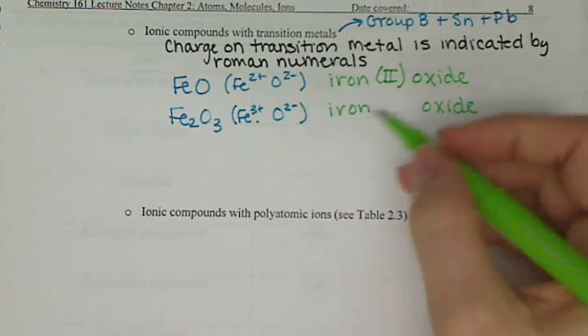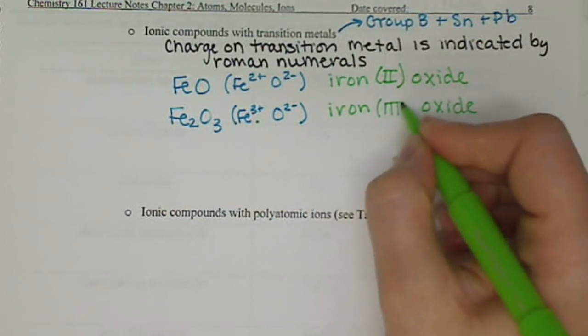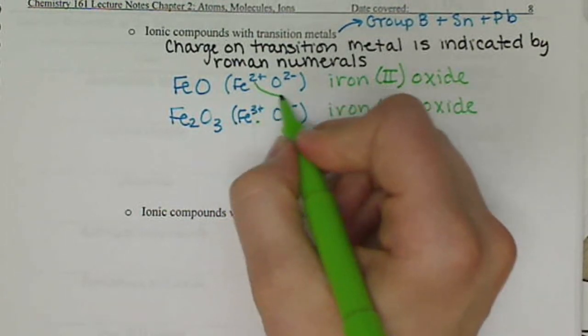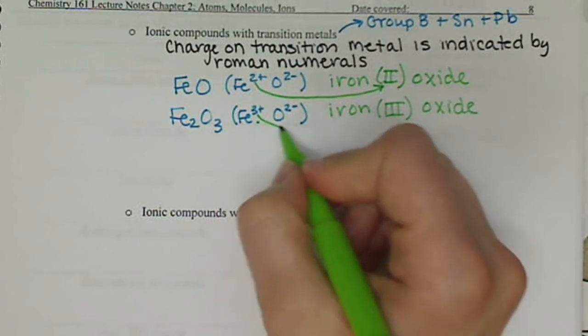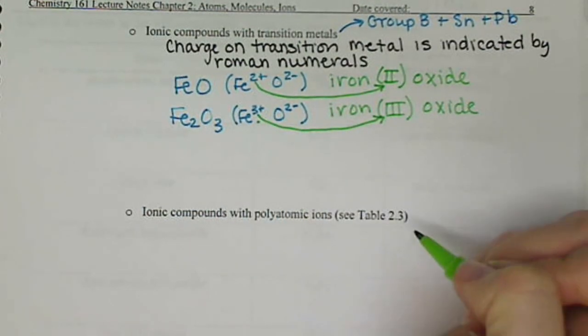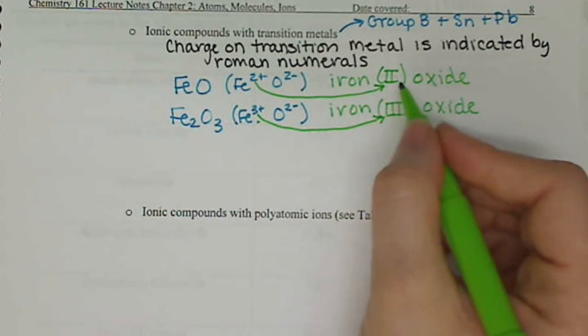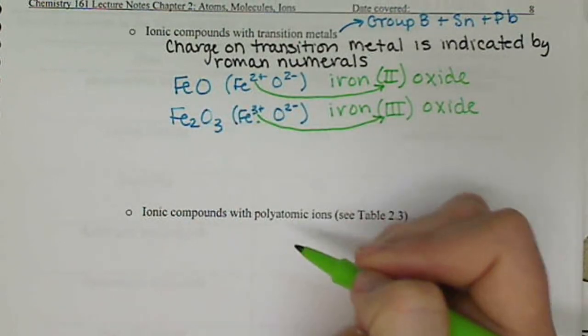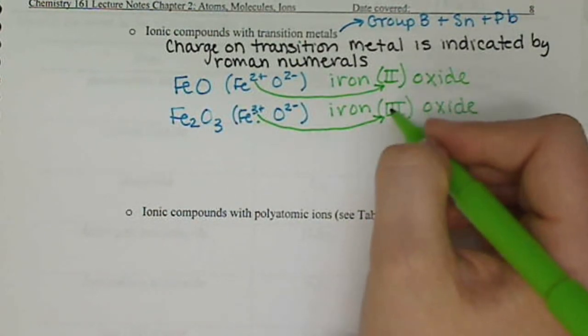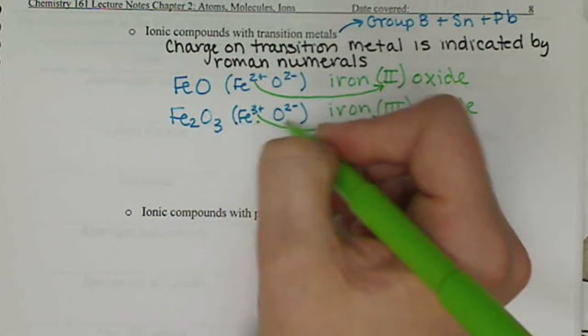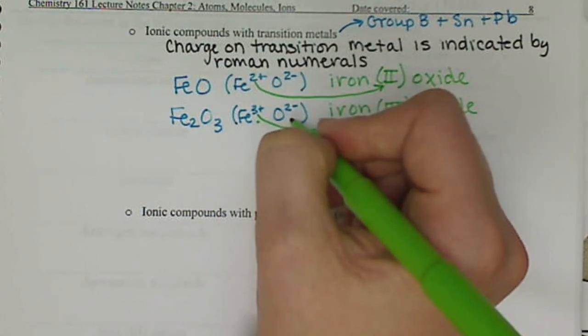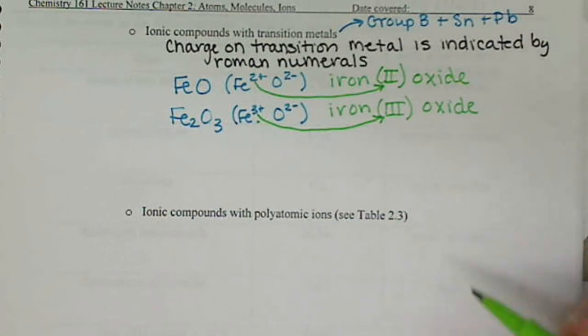Our charge here is 3+, so we have iron(III) oxide. So that is where those come from. Notice that these Roman numerals have nothing to do with the formula here. These Roman numerals tell you what the charge is here, and you know what the charge on oxygen is, so you can then get your formula.